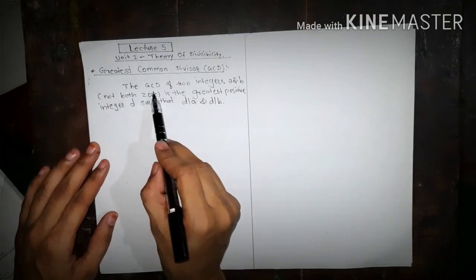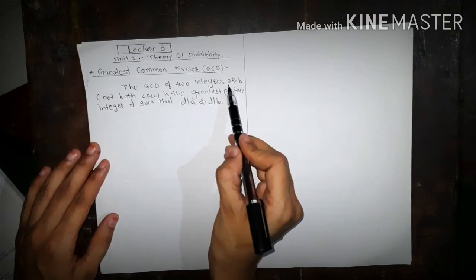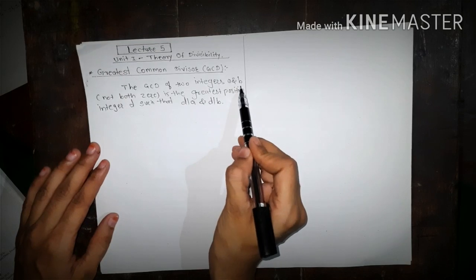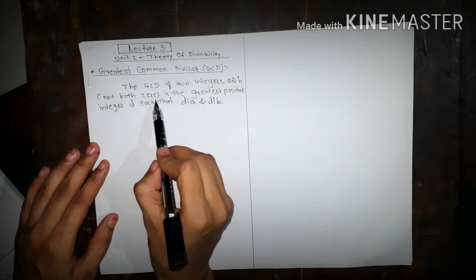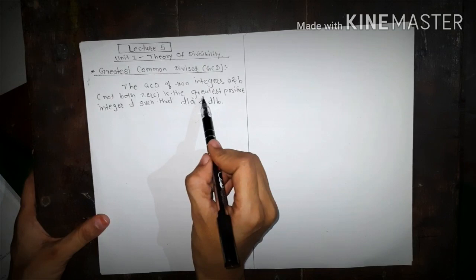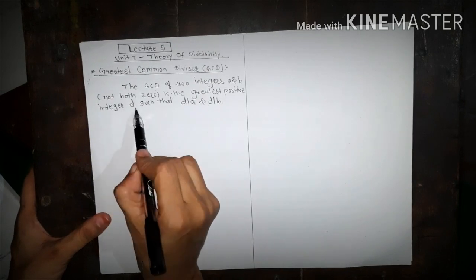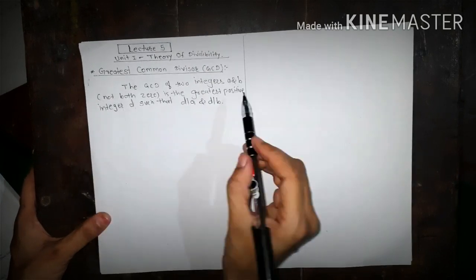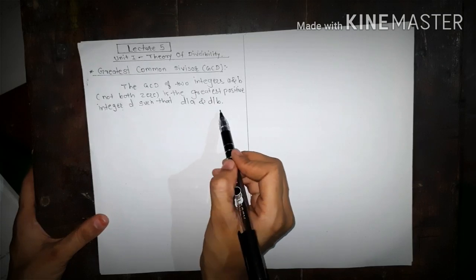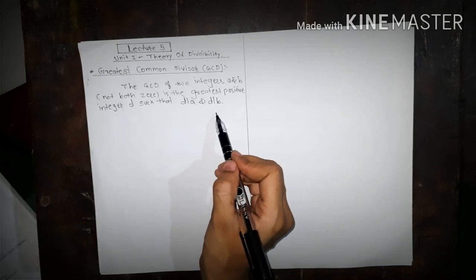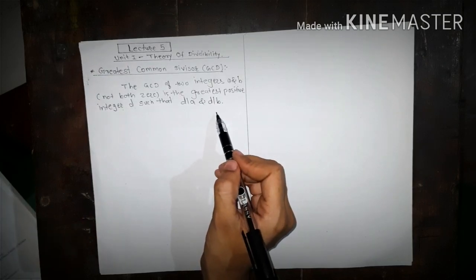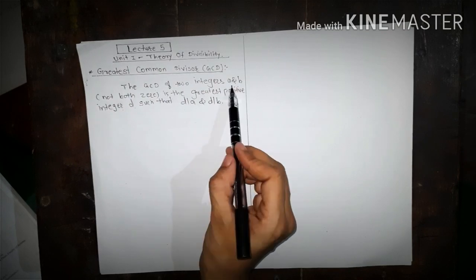What this definition says: if we have any two integers a and b, both not 0, then the GCD is the greatest positive integer d such that d divides a and d divides b. So GCD is the largest positive integer which divides both a and b.